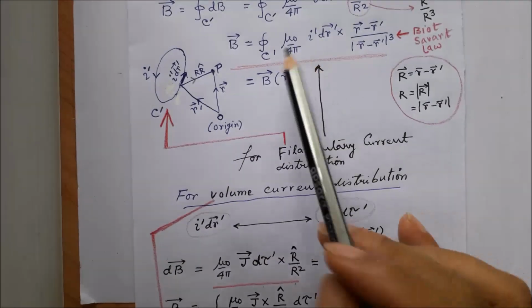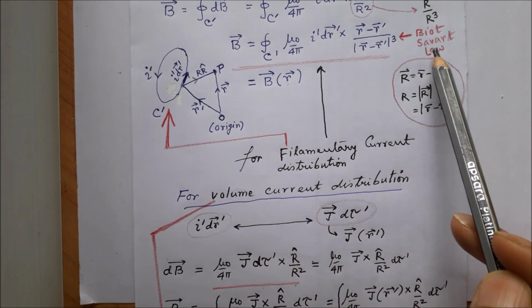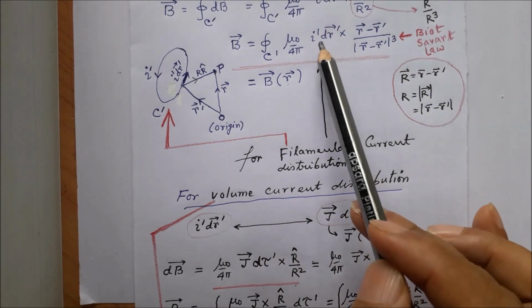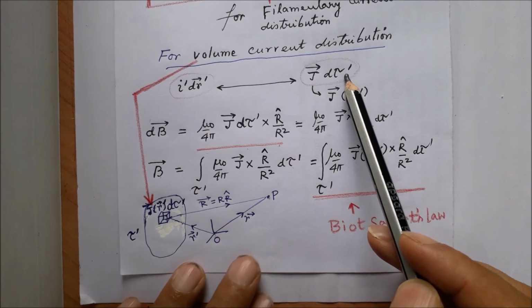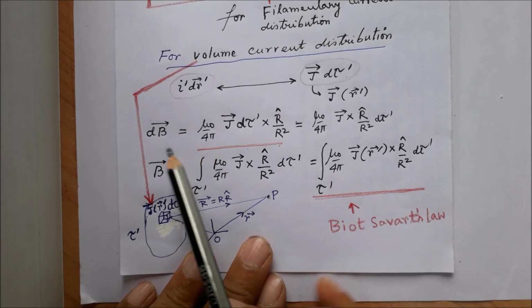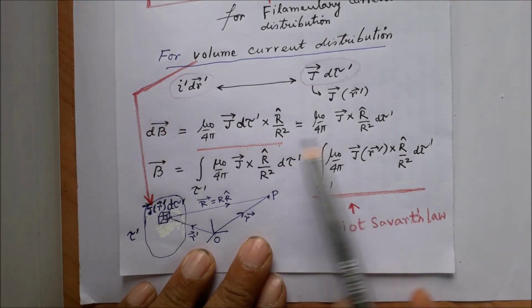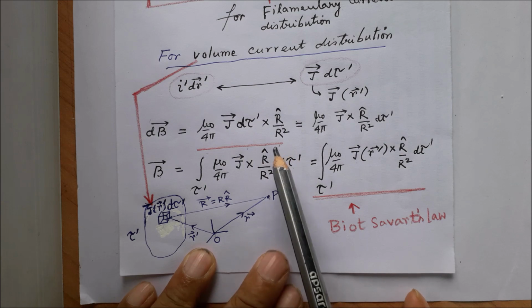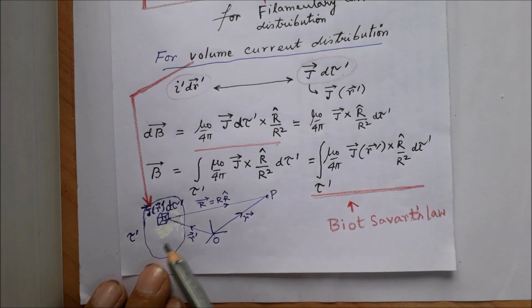So in the filamentary current distribution of Biot-Savart's law, we have to replace I prime dr prime by vector J d tau prime, and if we do that we get the elemental value of magnetic induction in this way. And if you integrate over the entire volume, that is, we consider all d tau primes which make up tau prime, then we end up with this expression of magnetic induction.